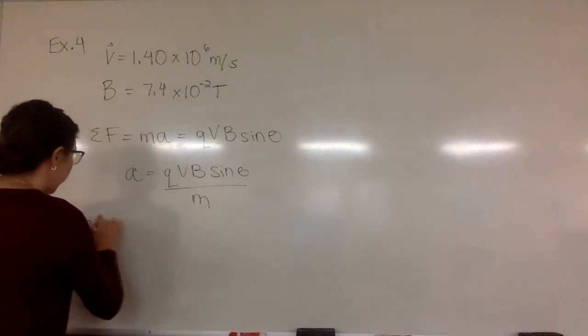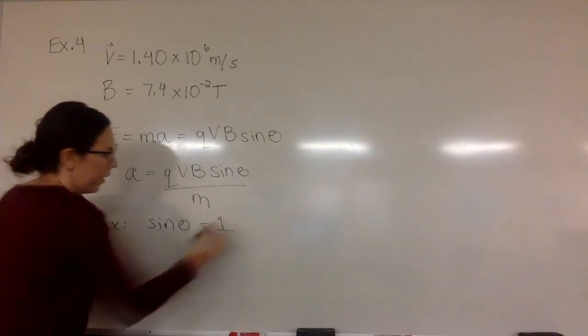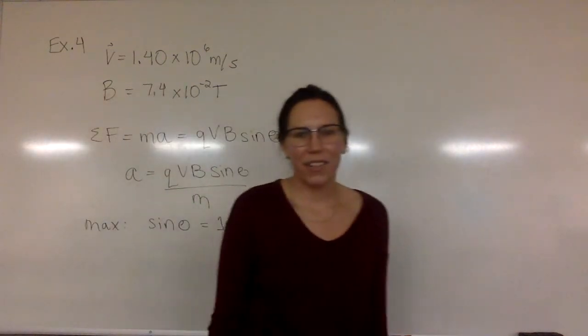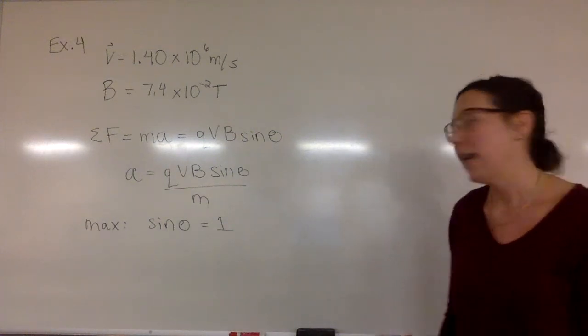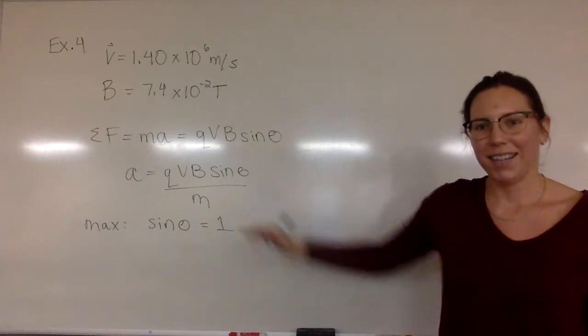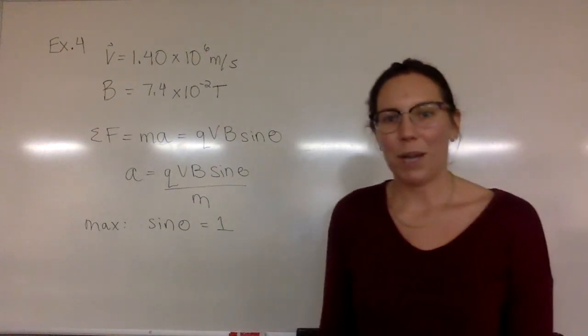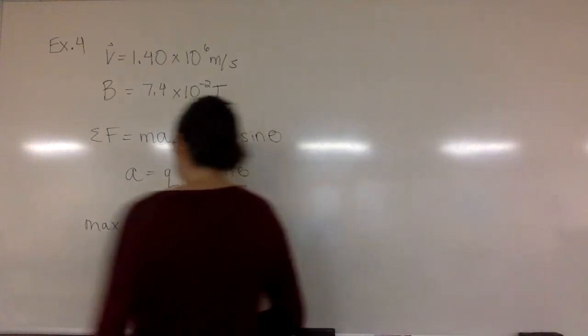So at the maximum, this is when sine theta equals 1. Since sine of theta ranges between -1 and 1, but I'm assuming we're looking at the magnitude only here, just between 0 and 1 will be our limits.